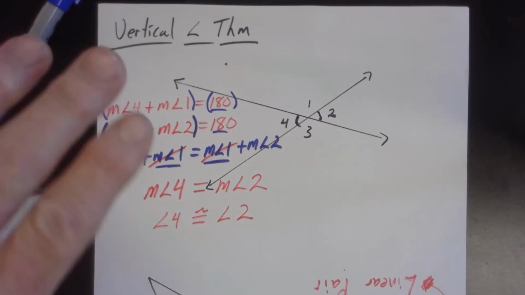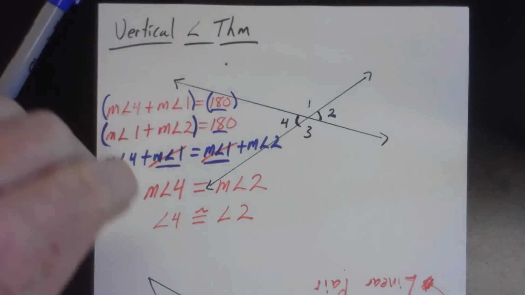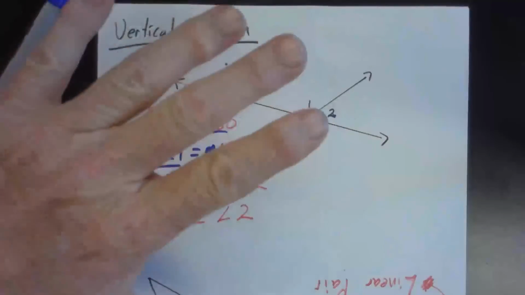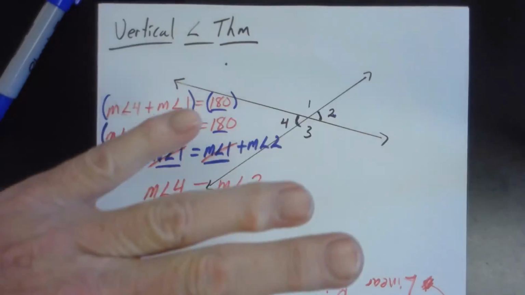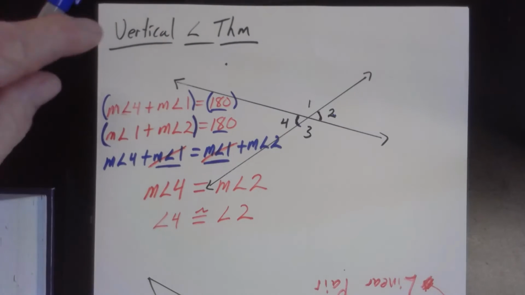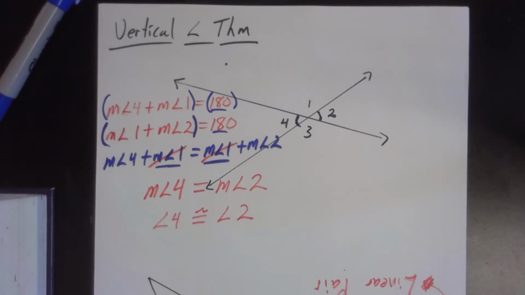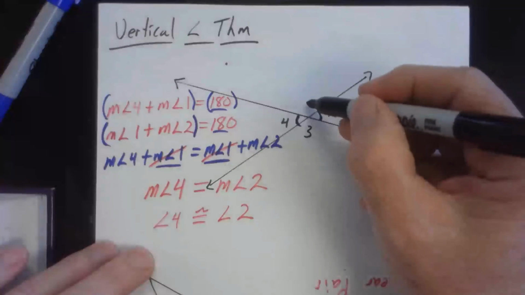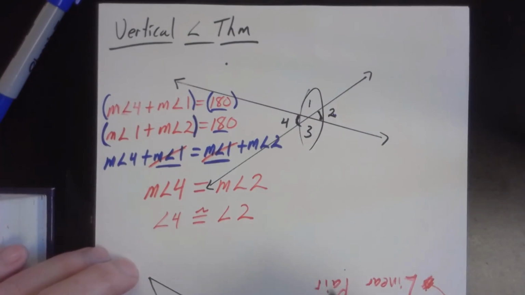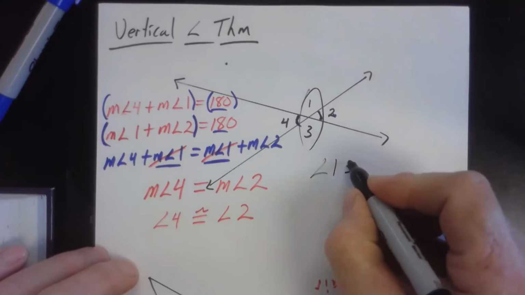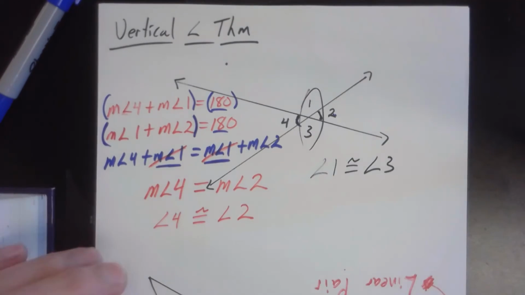This argument I just made for you, I haven't written the whole argument out or done a whole formal thing, but the argument I just presented is called the vertical angle theorem. And so now, what can we say about angle 1 and angle 3? Angle 1 is congruent to angle 3. And what is our reasoning now?